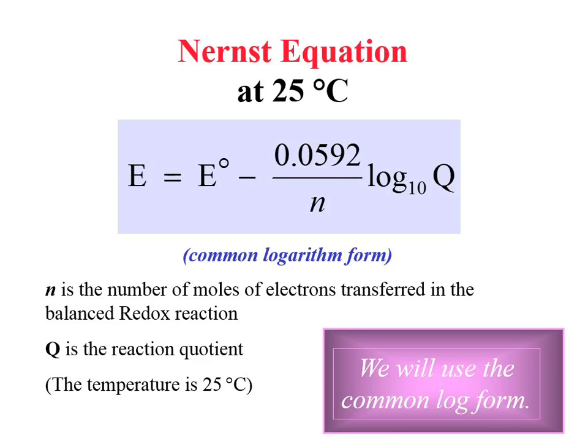So this finally is what you see on your test. It's the Nernst equation at 25 degrees Celsius. N is the number of moles of electrons. E naught is your normal cell potential at standard conditions. So this actually is what we were talking about yesterday in lab. That's your standard potential, and you get that from basically adding up your half reactions of your reduction and your oxidation.